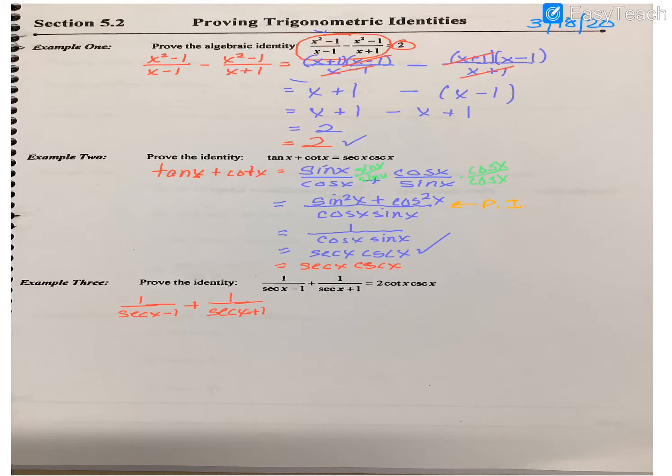And my job by the end is to somehow make this equal to cotangent x cosecant x in the end. So, let's get started. Thoughts on what we can do here?